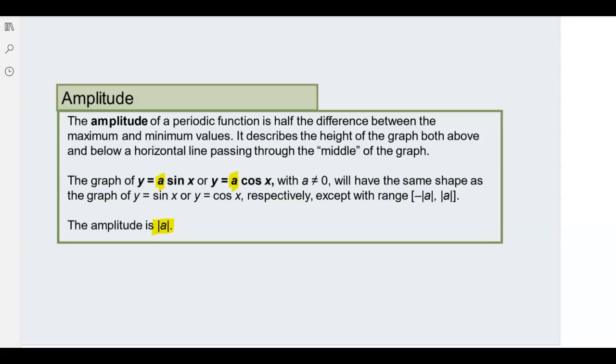So for example, let's suppose that we had y equals 5 cosine of x. The amplitude is going to be 5.